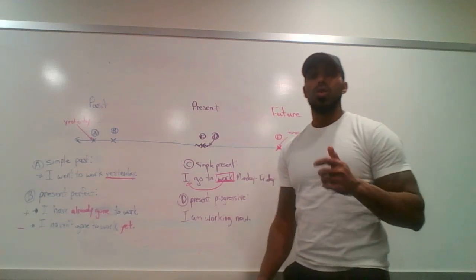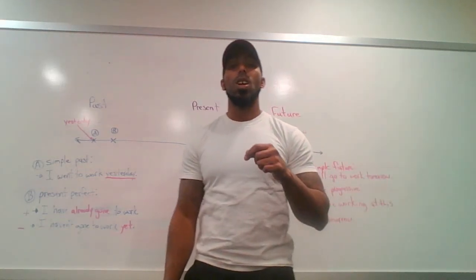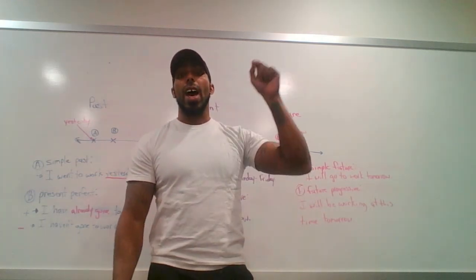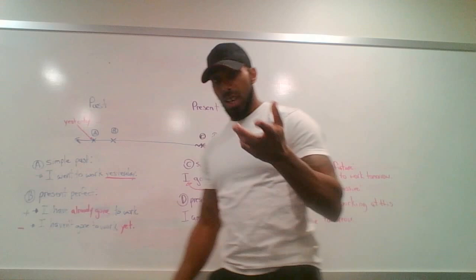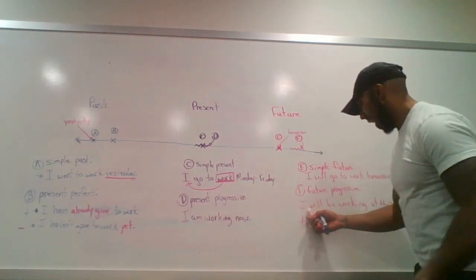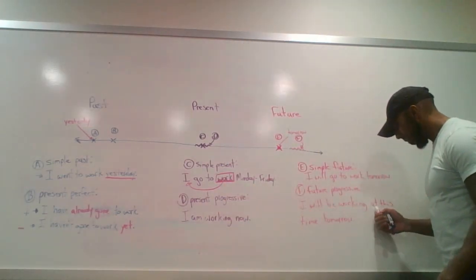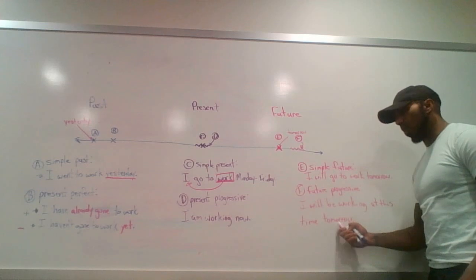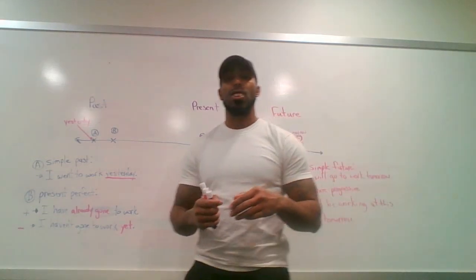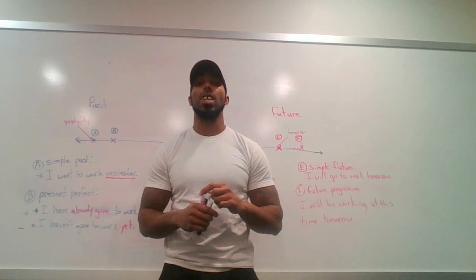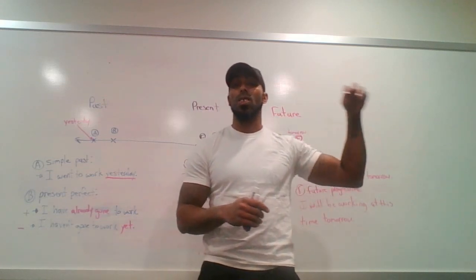You use future progressive tense to talk about something you will do at a certain time in the future. So my example is, I will be working at this time tomorrow. So you're using the future progressive tense to talk about a continuous action taking place at a certain time in the future.